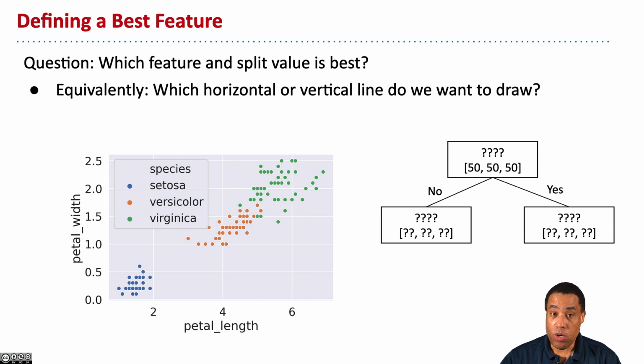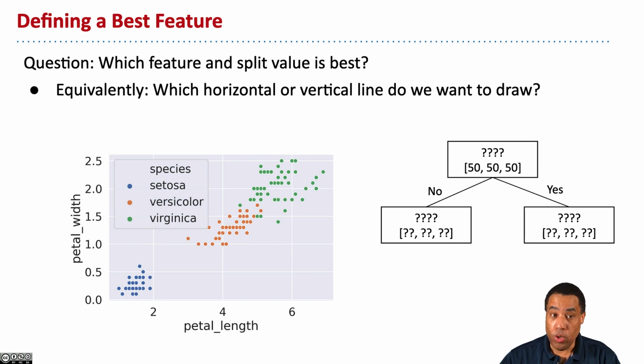So now we start with our root node, which contains 50 setosa, 50 versicolor, and 50 virginica. So what is going to be our split feature? And what's going to be the value? So where on the horizontal axis are we going to draw a vertical line, or where on the vertical axis are we going to draw a horizontal line?